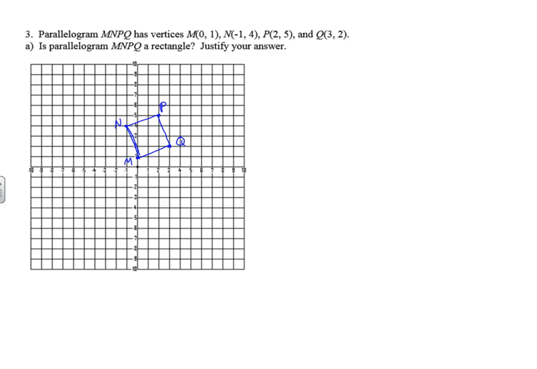Methods to prove a rectangle: we could prove a parallelogram plus congruent diagonals. That's one way to do it. Or for a rectangle, we could show that it has 4 right angles.